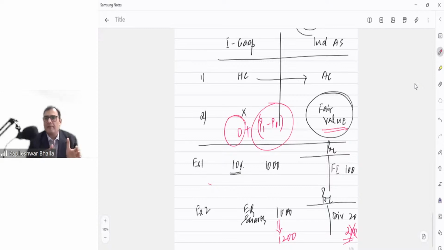Let the company elaborate that they have also earned a return in the form of capital appreciation. Especially in case of certain investments, the return doesn't come in terms of dividends. The return technically comes in the form of capital appreciation, especially in equity investments.